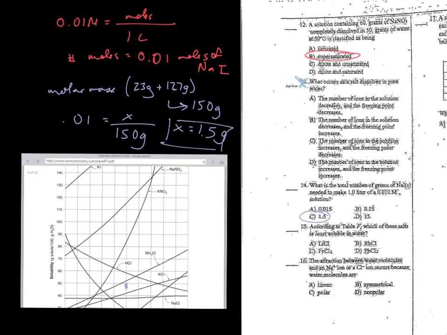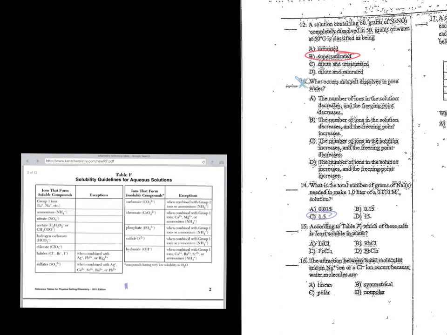C. All right, number 15, according to table F, which of these salts is least soluble in water? So we're looking for the insoluble one. So let's look at each of our choices. LiCl. Cl is a halide and doesn't follow an exception, so that is soluble. Could cross off choice 1.